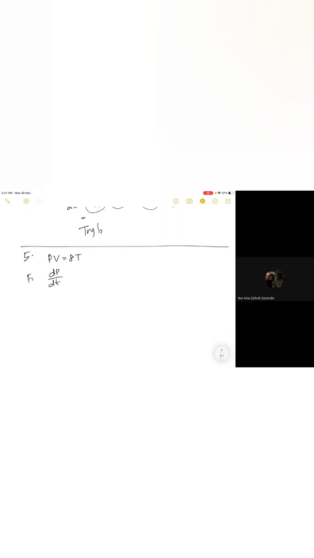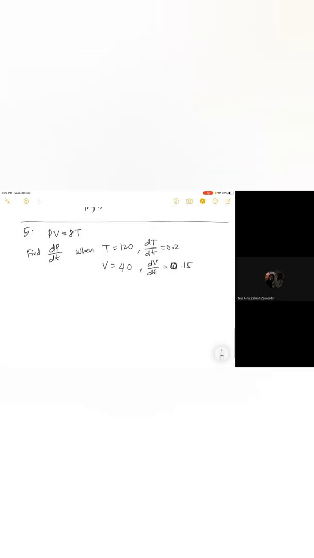So kita cari dP dt when the temperature is equals to 120 Kelvin and increasing. So dT is increasing at 0.2. And the volume is 40 and increasing at the rate of 0.15.